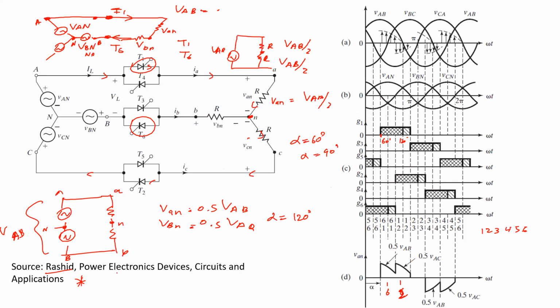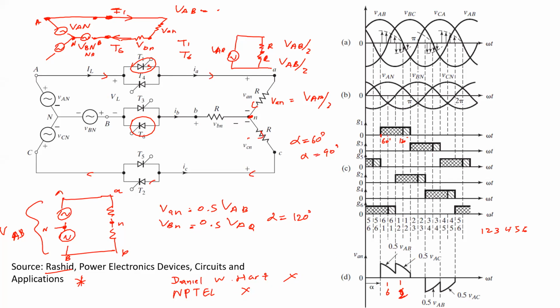The only book where you can find a good explanation of this PAC for 3-phase is this book. The other book, Daniel W. Hart, does not offer a very good explanation on this. NPTEL also does not offer a very good explanation, and there are some errors also.